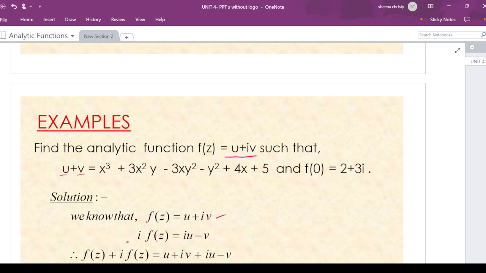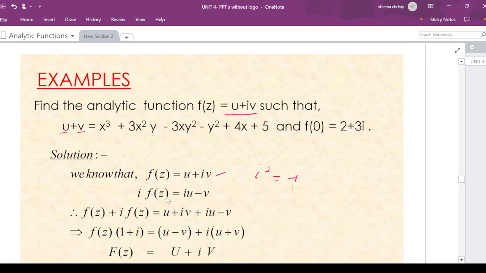Multiply f(z) with i, you will get i times u minus v, since i square is equal to minus 1. Now, by adding these two, you will get f(z) plus i times f(z) equal to u plus iv plus iu minus v. Separate the real and imaginary parts of f(z).